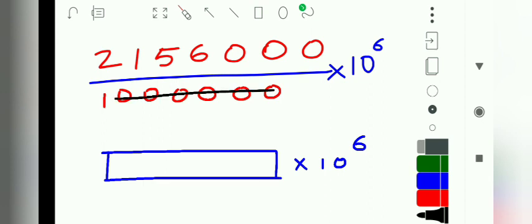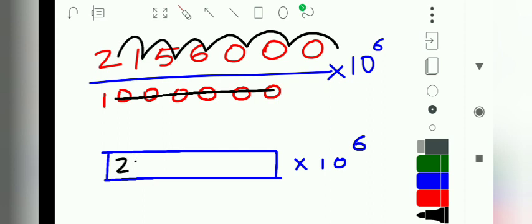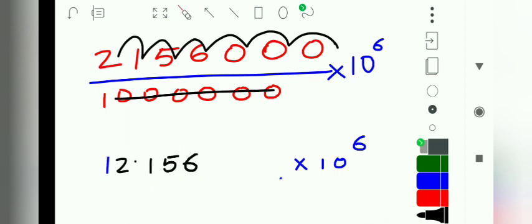It is also 10 to the power 6. 2156000 divided by 10 lakh means 2.156000. Ignore the last zeros, and it becomes 2.156 into 10 to the power 6. Copy these maths in your classwork copy after understanding completely.